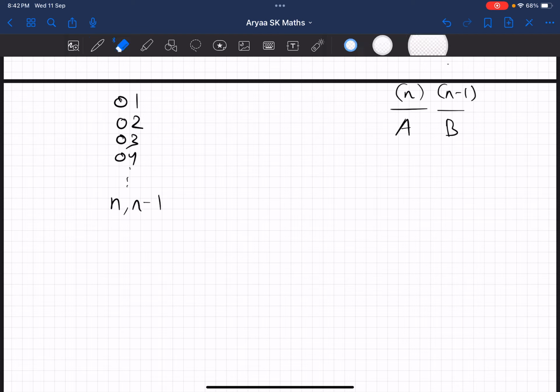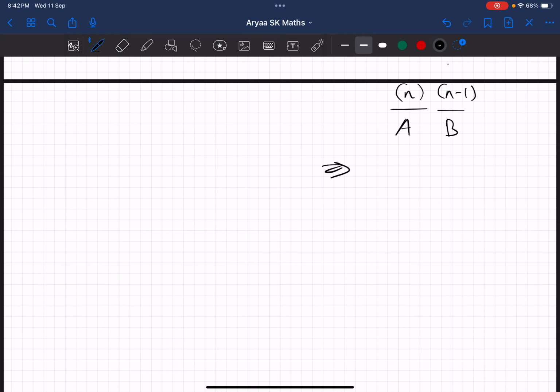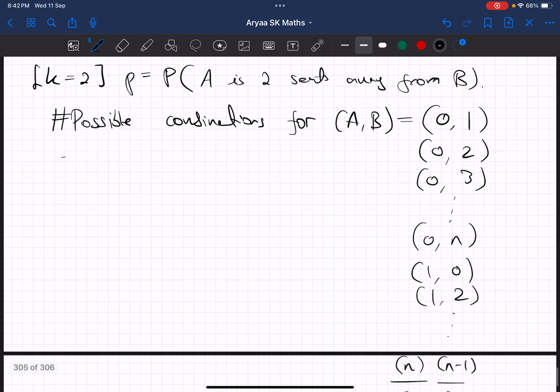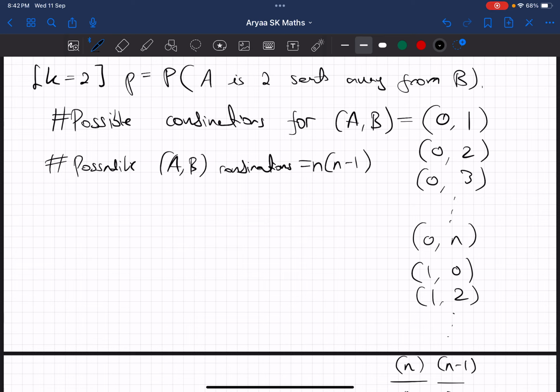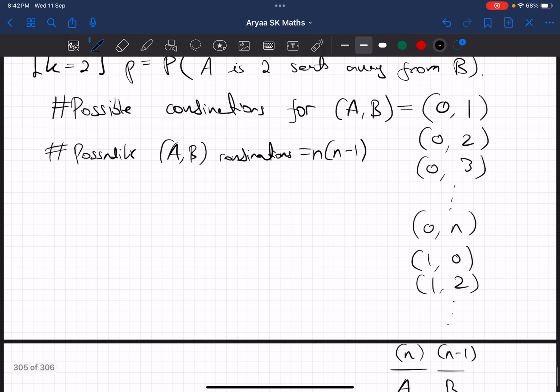All right, so that should tell us that the number of possible AB combinations is equal to n times n minus 1. I think that's correct. It just seems a bit weird because it's not fully symmetrical for A and B, but maybe I'm just thinking about it weirdly.